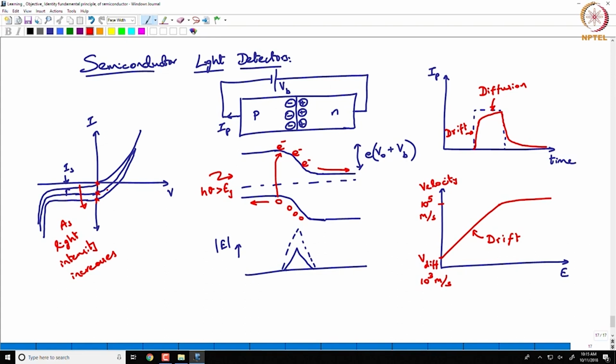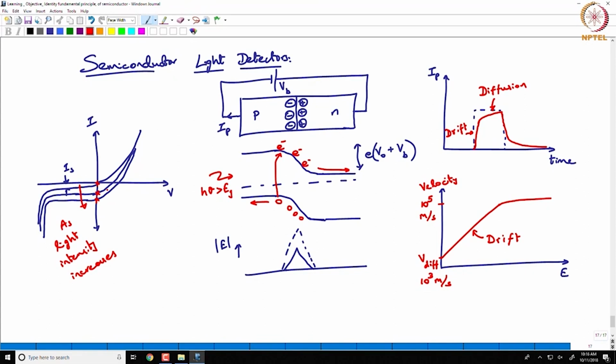So, without any external bias, the response time would have been all due to diffusion, except for those carriers that are generated in the depletion region itself, right. Everything else would have been under the influence of diffusion, so it would have been a very slow response, right. So, you are increasing your external bias primarily to improve the response time.